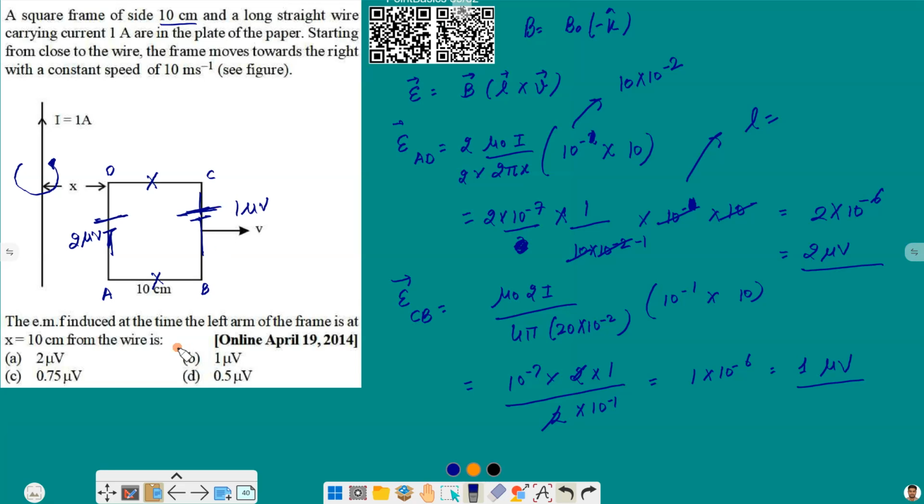So answer will be 1 microvolt. If we had been given only the DA conductor like this, its answer would be 2 microvolt. But as this is also connected to another part, it is a part of a closed loop, so we have to measure its potential with respect to the other part also. So here final answer will be 1 microvolt.